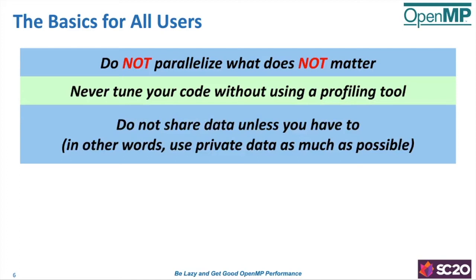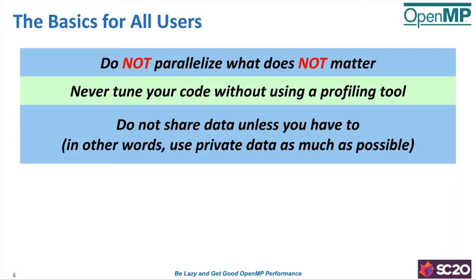Another golden rule is don't share data unless you have to. Sharing data is a really great feature in OpenMP, and it's very convenient. But in some cases, there's a cost associated with it, a performance cost. The best advice I can give is use private data where possible and only share data when you have to.